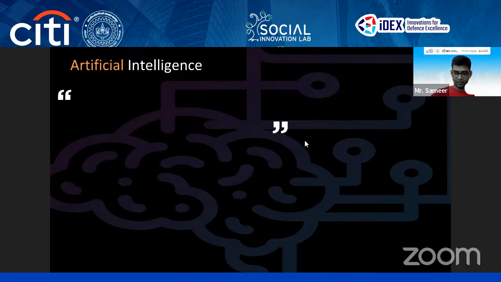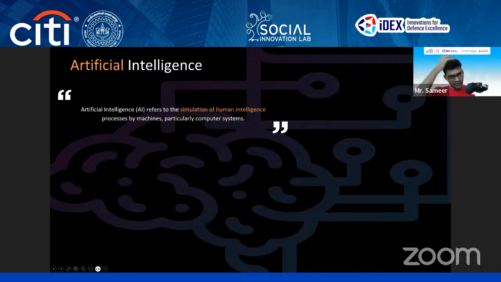So the assumption I'm going to make is that you are somewhat familiar with AI, because we've been hearing and seeing about it everywhere nowadays. So what is artificial intelligence? Let's quickly define that so that we are all on the same page. Artificial intelligence refers to the simulation of human intelligence processed by machines, particularly computer systems.